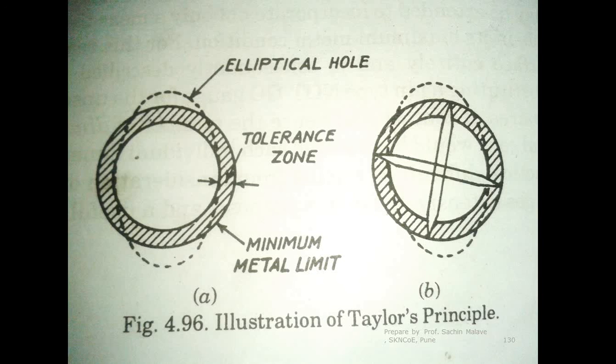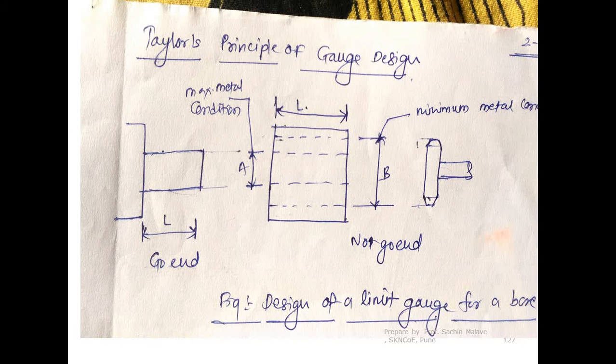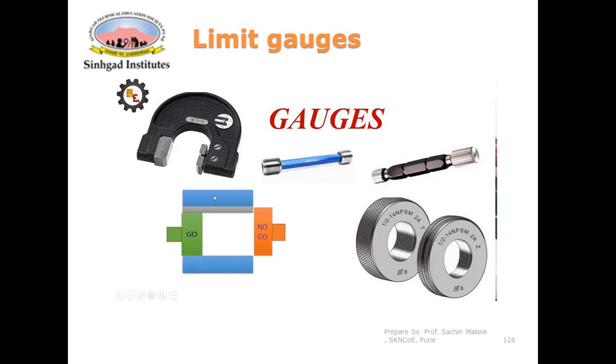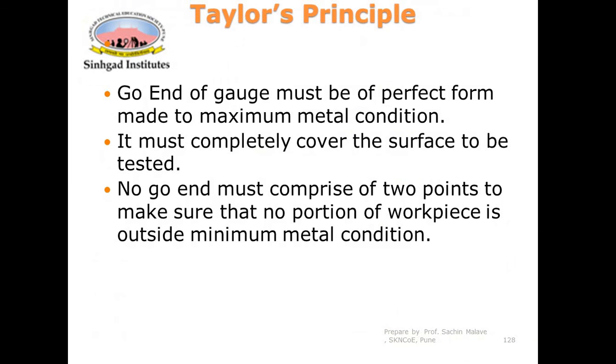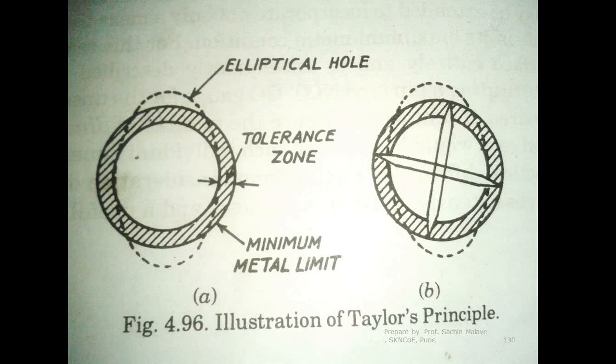Let us assume that you have a cylindrical type of gauge. So one end is, let us say, a go end and this is a no go end. What you will do is insert this go end in the hole. You will insert that cylindrical go end of the gauge here. Now will this go end pass in this condition?